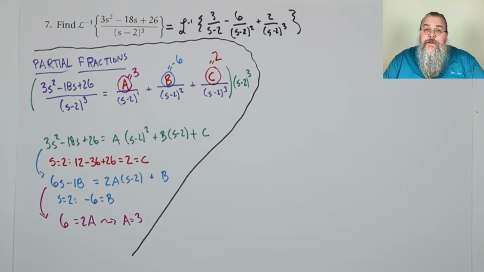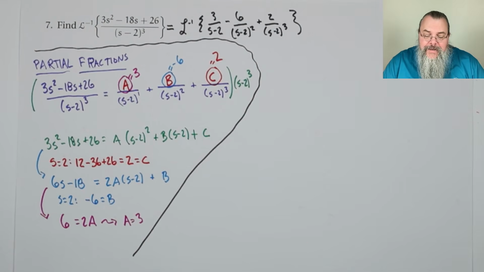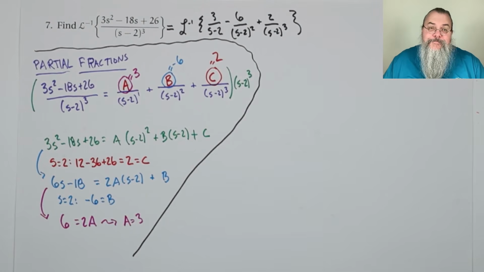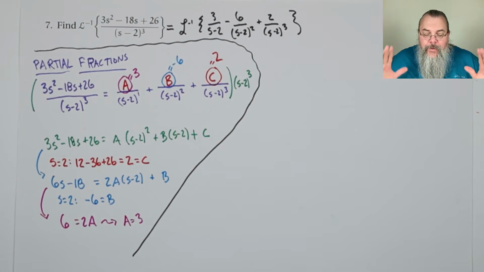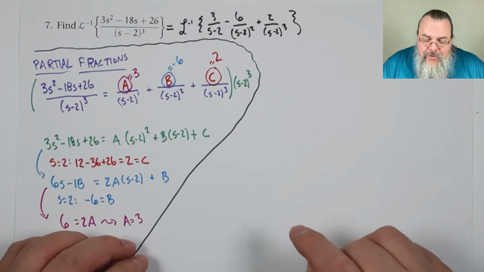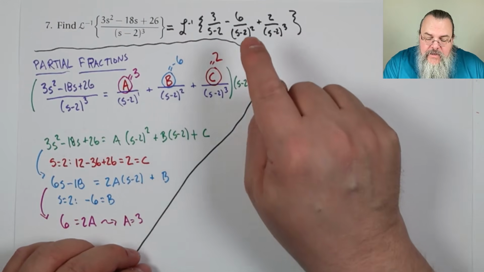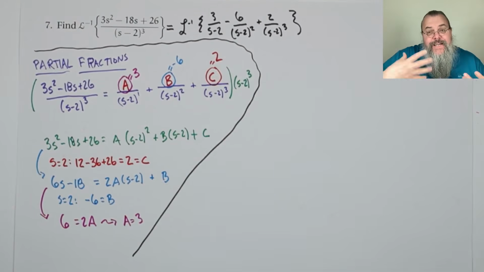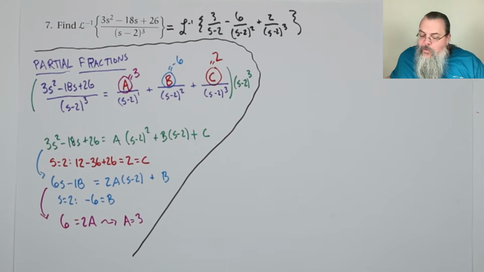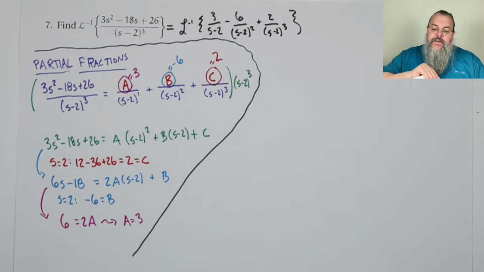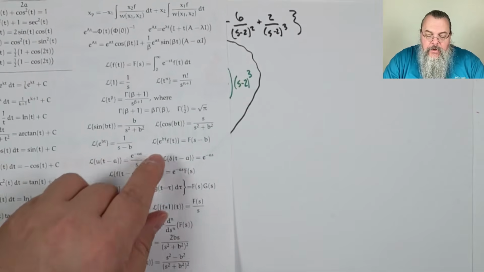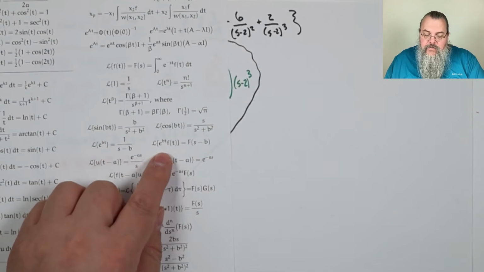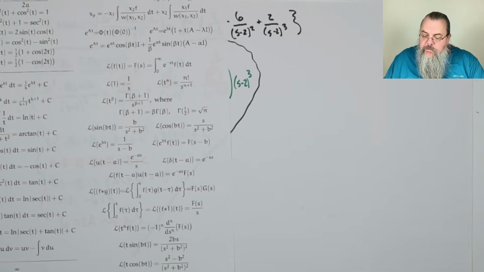Okay, before we pick up again, let's think about what rules we need. What do we see going on with our terms? We see shifts, because it's not just s, it's s minus 2. When we see shifts in s, we have this rule here. I'm going to write this rule down for our reference.